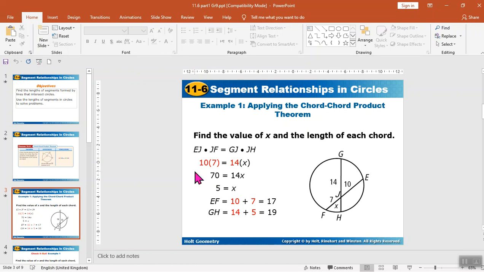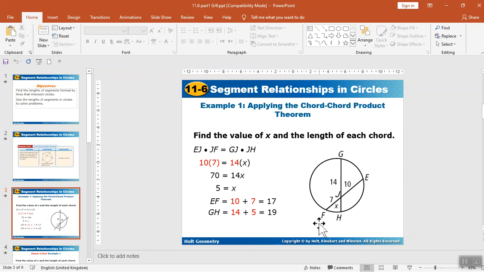Now we substitute the numbers: 10 times 7 is equal to 14 times x. Simplify by dividing both sides by 14 to get x is equal to 5. Now we want to find the length of each chord.